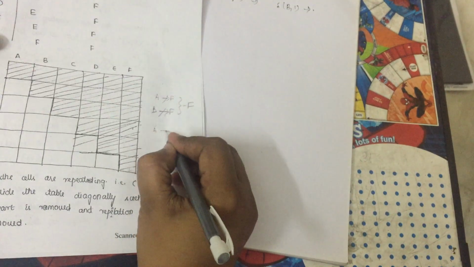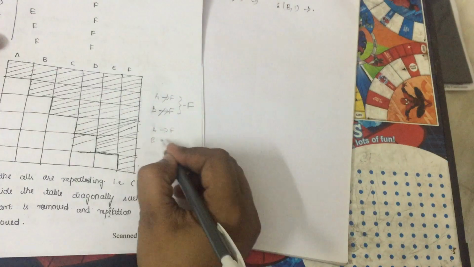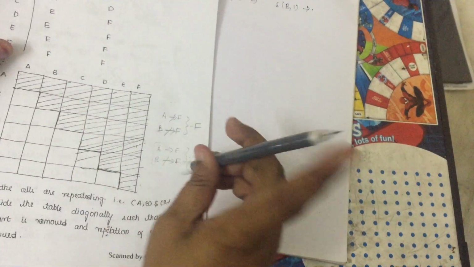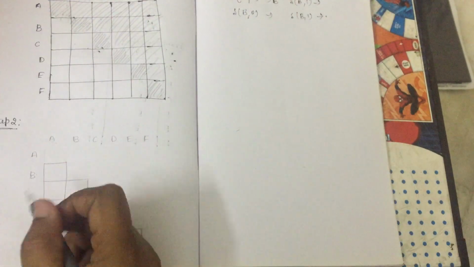One should belong to the final state and the other should not belong to the final state. If this is true, then only we have to mark. But if we observe here, A and B do not belong to the final state. So leave that state. Don't mark it.